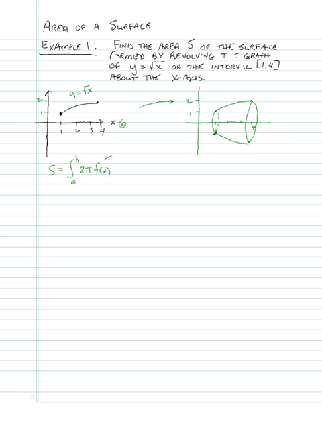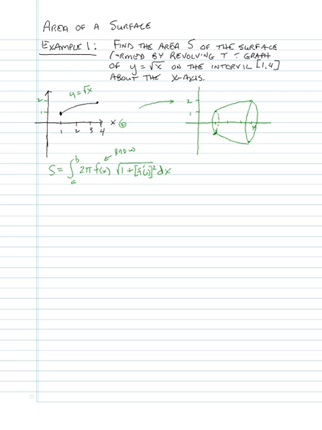And this is actually the radius of a representative frustum. Okay, and then times the square root of 1 plus the derivative of f squared. This is if we're rotating about the x-axis.